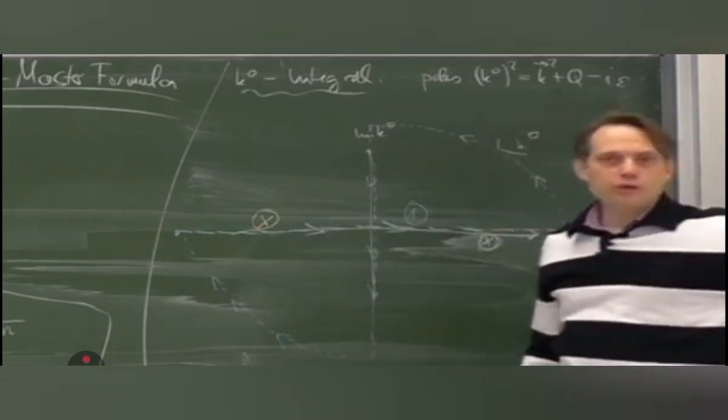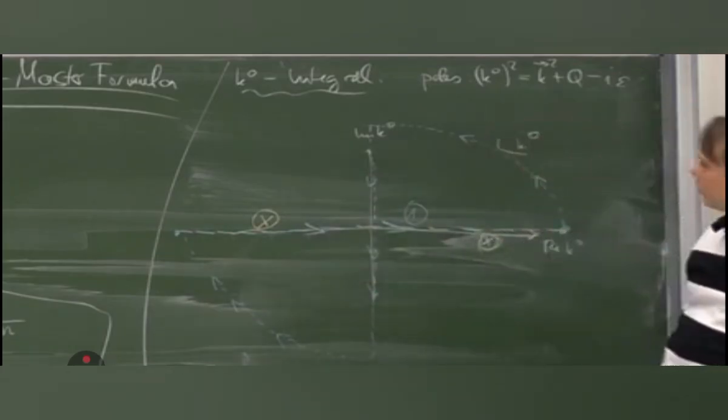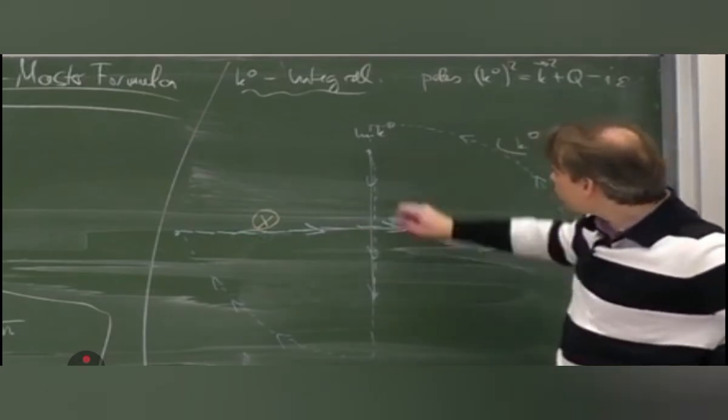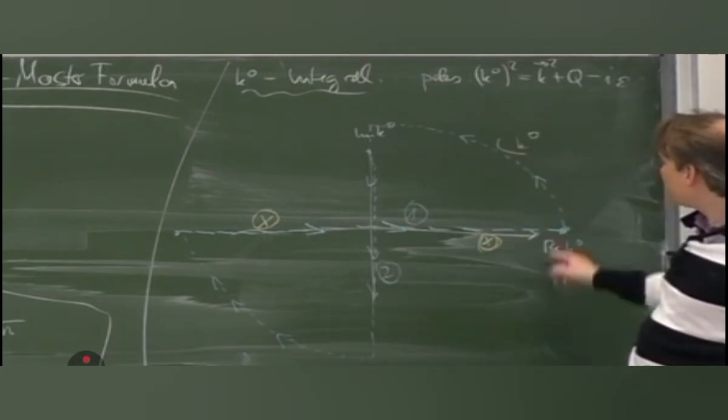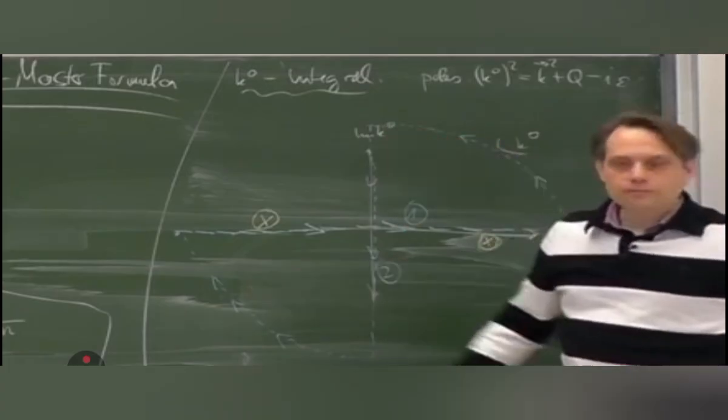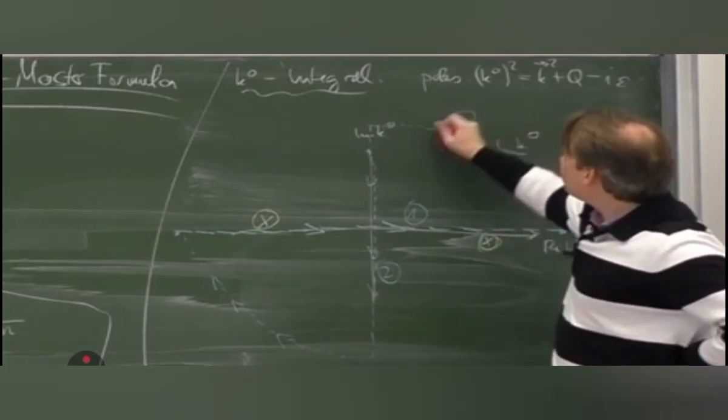And now we have a closed contour of integration paths in the complex plane. Let's call this here path 2, the negative imaginary axis, and then we have two circles here, path 3 and path 4.